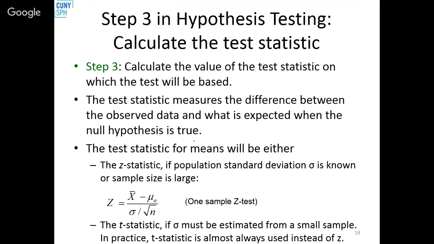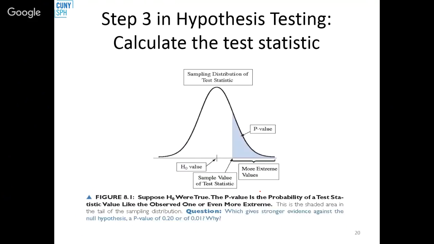For means or proportions, this is going to be the z statistic or the t statistic, calculated in the same way if you don't know the standard deviation. And the reason that you calculate this test statistic is because for these instances where we have tests, we know the sampling distribution of that test statistic under the null hypothesis.